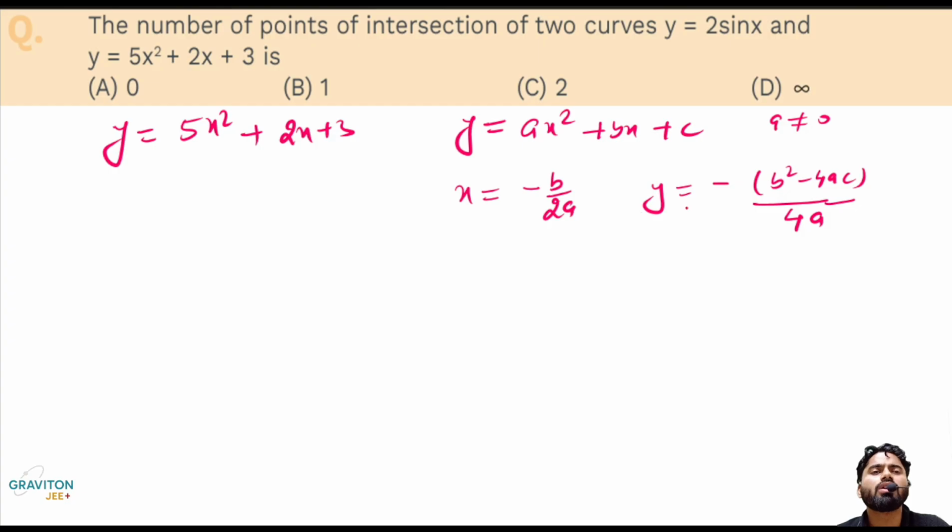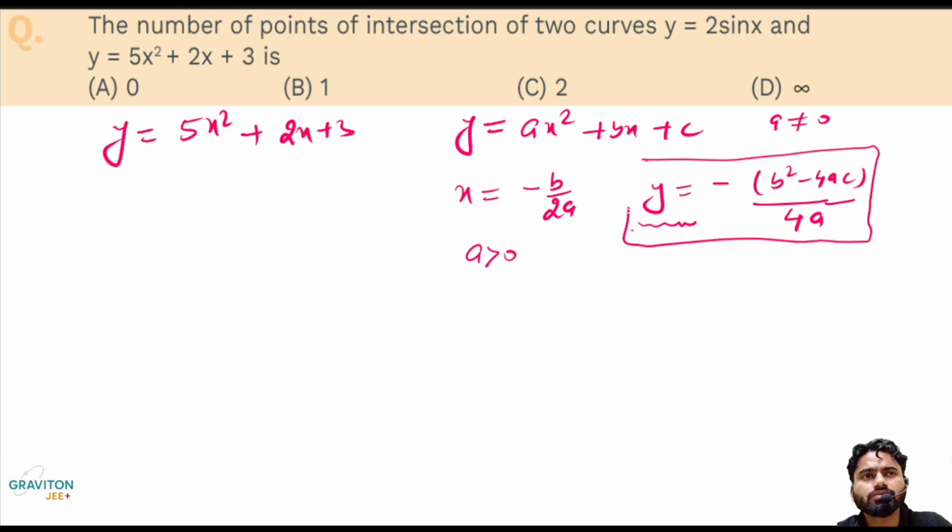So this is the vertex of this equation. If the leading coefficient is positive, then the minimum value will be at this point, and when the leading coefficient is negative, then this value will be maximum.